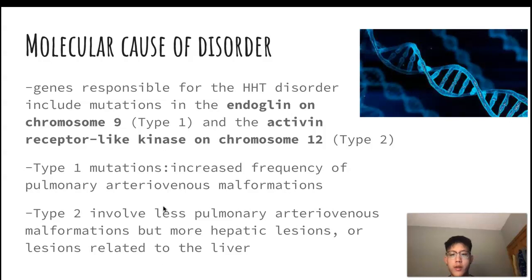But while the exact mechanism of HHT mutation influence is not yet clear, it is likely that they disrupt a balance between pro- and anti-angiogenic signals in blood vessels, which means that they are involved in the growth of new blood vessels. So the regulation of that contributes to the mechanism of the disorder.